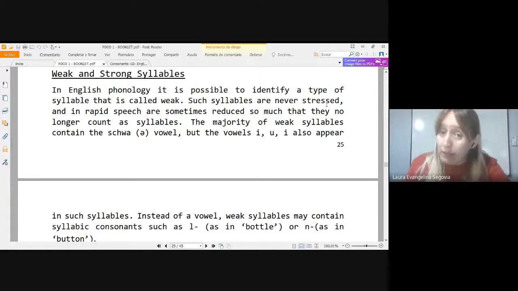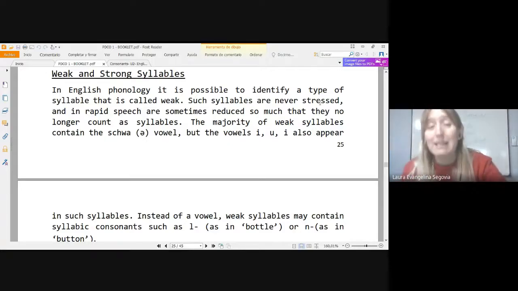What does it mean? That they are not tired, they are not nervous? No, it means that they are not strong in the word, that they are almost not noticed, that you can say them, but you cannot perceive them. And in rapid speech they are sometimes reduced so much that they no longer count as syllables.